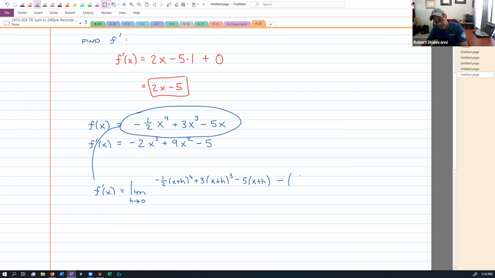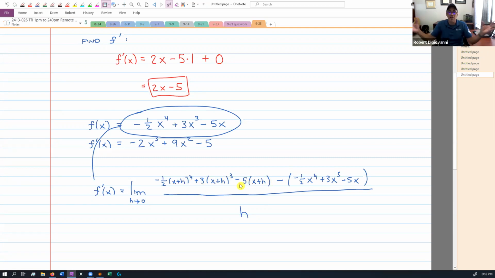Then subtract from that the original function, and then all of that over h. And then, you know, enjoy. You would have to expand to the 4th power, 3rd power, distribute everything out, collect like terms, get things to cancel, factor an h out, and then let h go to 0. So we really have saved ourselves quite a bit of time and effort with this.